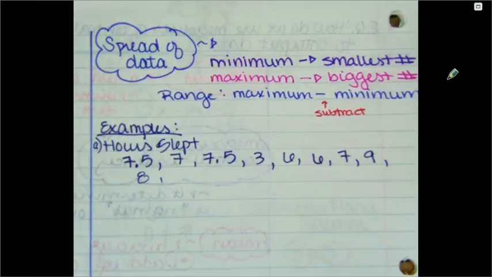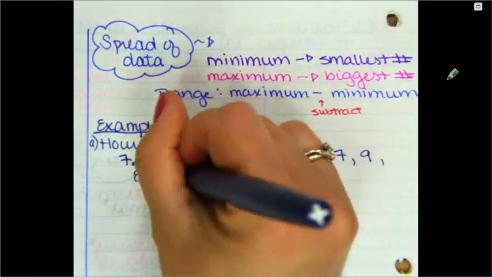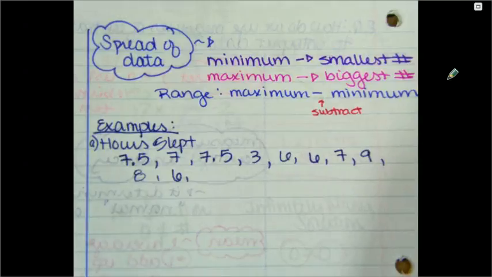Let's be honest. Catherine, how many hours? 6? Fernando, how many? 1? I think we found an outlier.